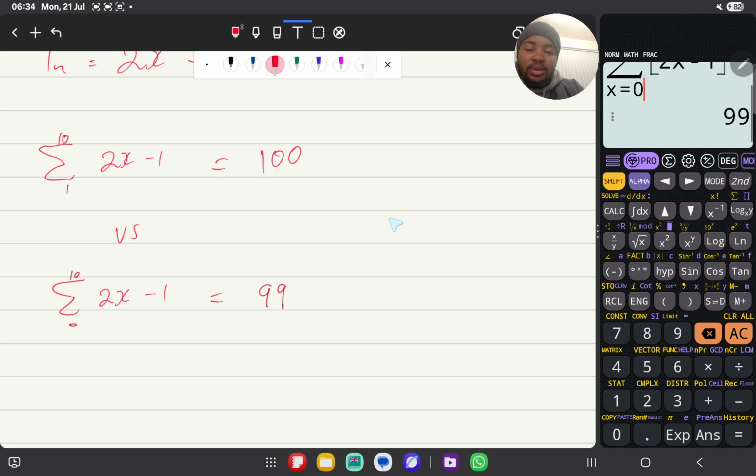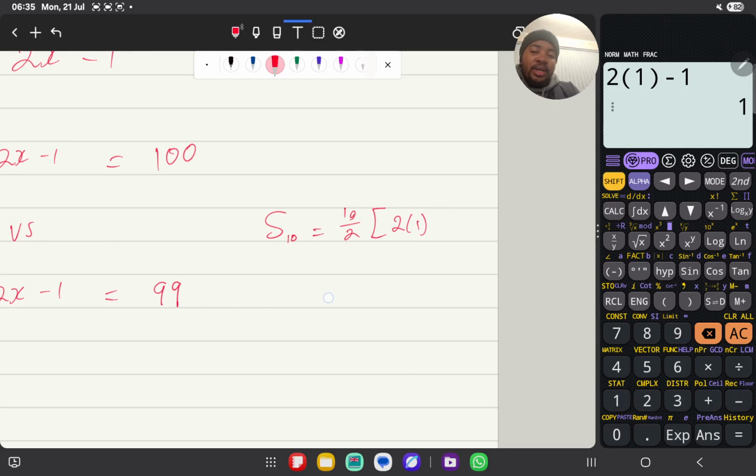The formula Sn, say for example S10, is 10 divided by 2, and then 2 into a, right? Let me quickly find a. A is going to be 2 times 1 minus 1, so a is 1, right?